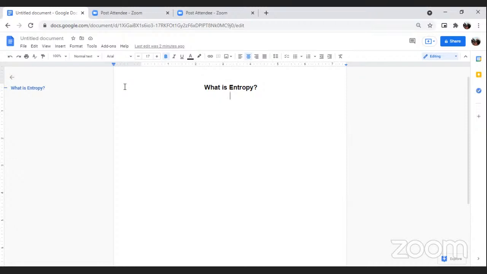What is entropy? Yes, Neelam, you're right. So entropy is about the purity in the data that we have, homogeneity versus a lot of differences.